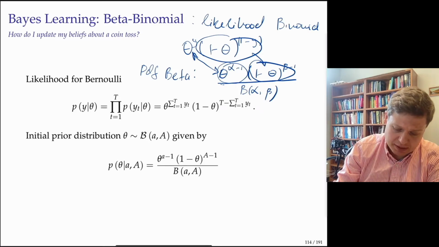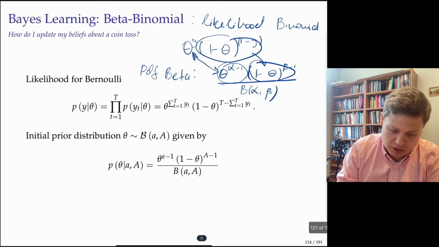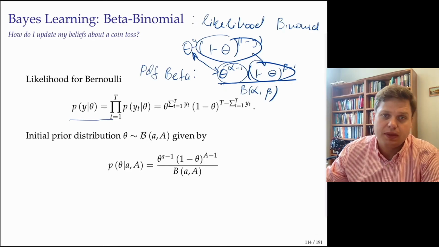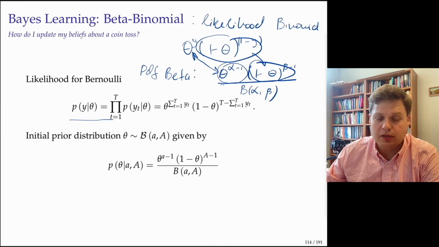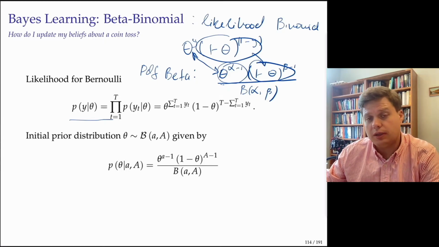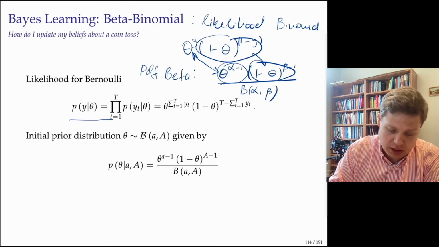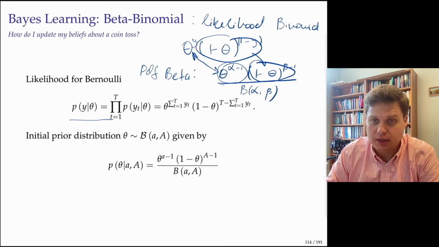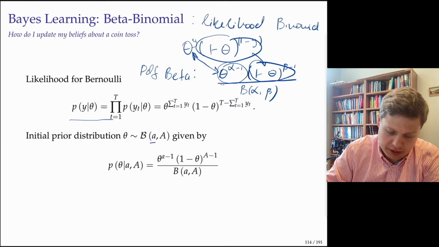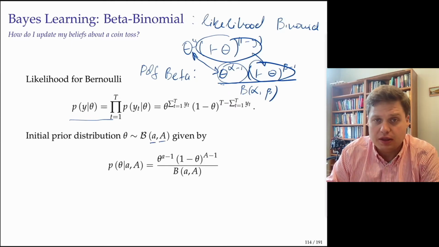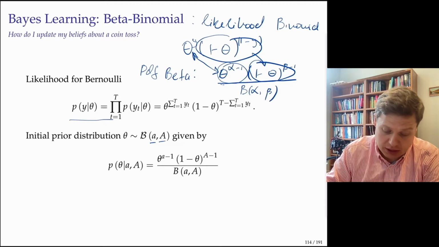So let's write it down fully. Let's say you have this likelihood. You have T, capital T, observations, and so the likelihood is just the product of the binomial density functions. So you can simplify it into a single expression. And if you start with an initial prior distribution of theta to be beta, and here I'm using small a and capital A instead of alpha and beta, then you actually can calculate the posterior analytically in this case.